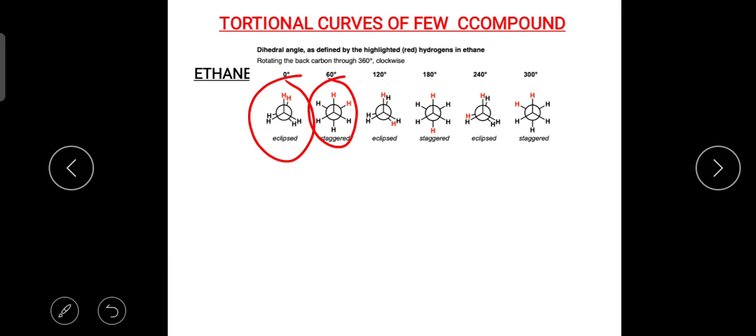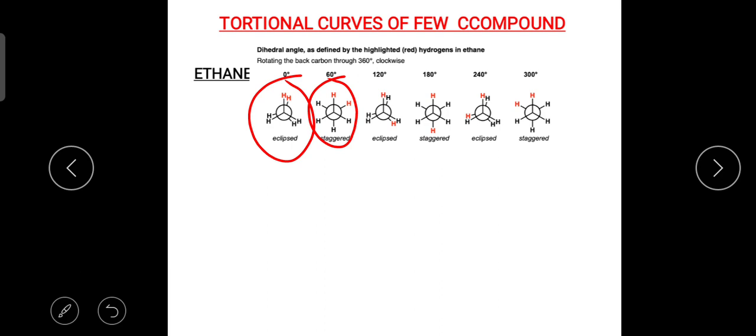Therefore, it is unstable compared to the staggered structure, because here the two hydrogen atoms are in anti-position. Therefore, the repulsion between the two hydrogen atoms is lower than in the eclipsed structure, so the eclipsed structure is less stable than the staggered structure.